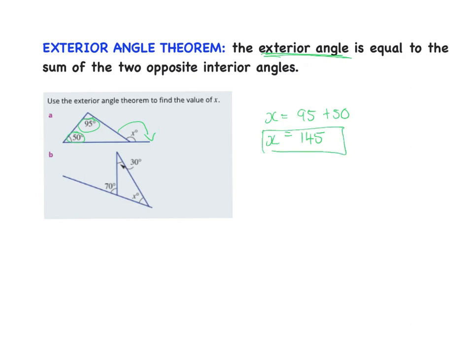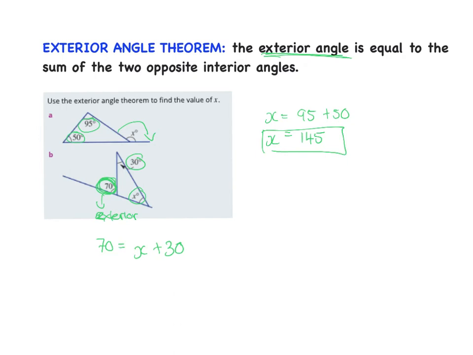Yes? So then, if you look at this one, here is the exterior angle. So that's the exterior. So what we're saying is that 70 is equal to the sum of the opposite. So the opposite ones are here. So the sum of x plus 30. So what can you do to find x now?